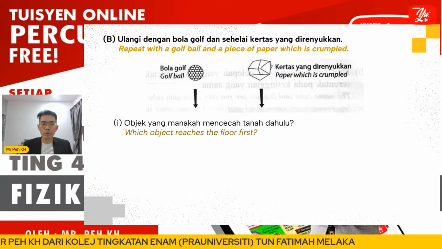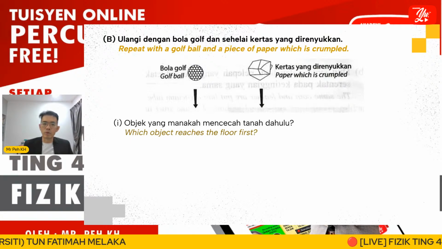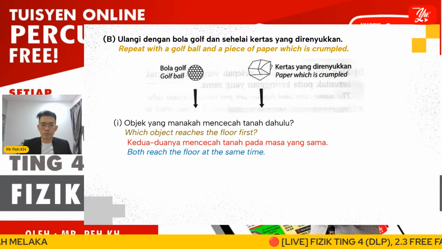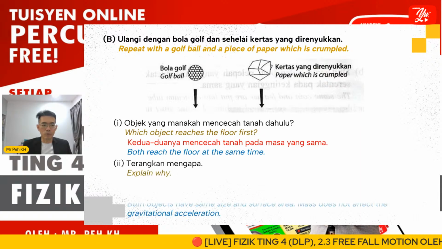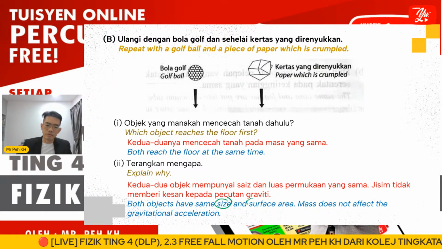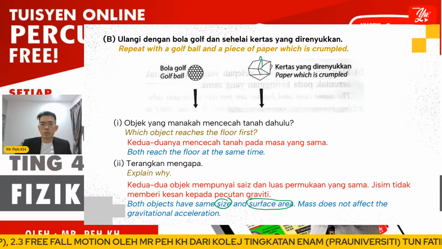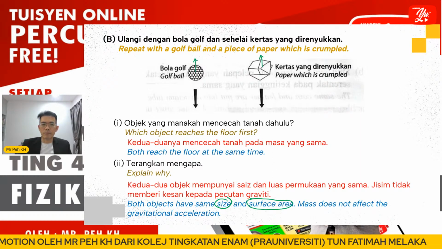So we expect both the ball and the paper, which is scrunched, will be dropped and reach the floor at the same time. The reason, as mentioned, is that both objects have the same size and the same surface area. Therefore, the air resistance acting on both objects will be the same.